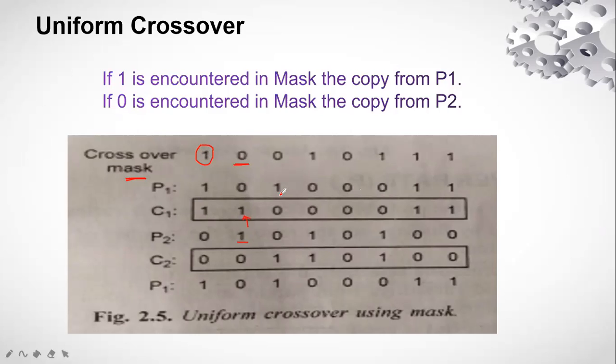Then I encounter again 0 in the mask, so I'll again copy from parent 2. So this is 0. Then I encounter 1, so again I will copy from parent 1. So I have copied 0. Right? So this is the way I'm going to copy in this format and I'll get a new child. So this is the uniform crossover.